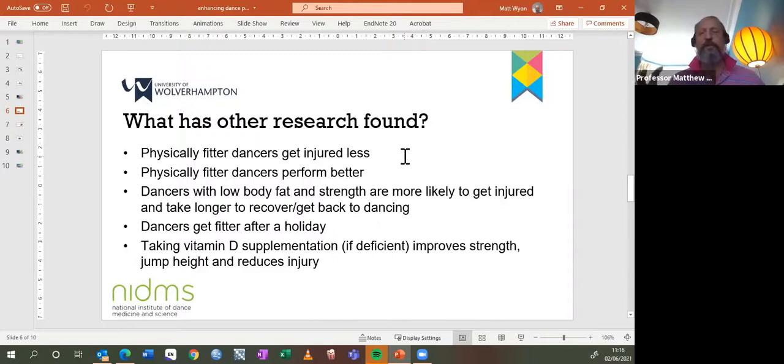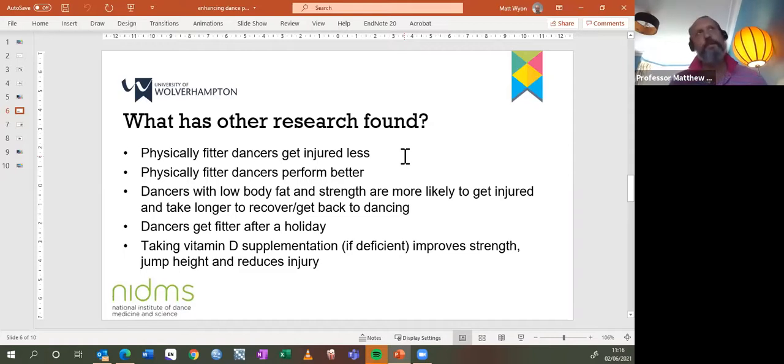And then those dance pieces were marked by some dance experts, like using audition criteria. And they didn't know who was in which group, but all of those who did the physical fitness intervention, scores improved. So they seem to dance better.